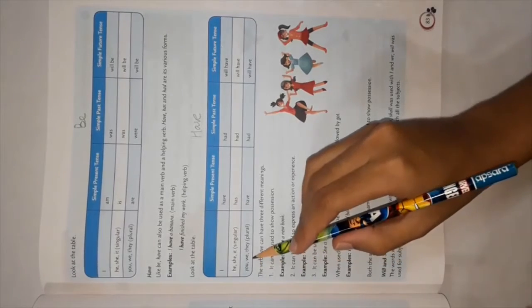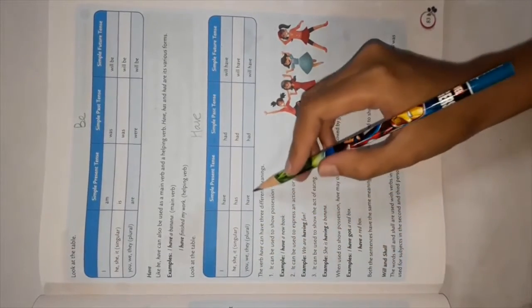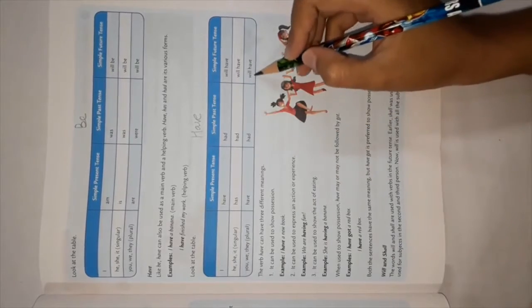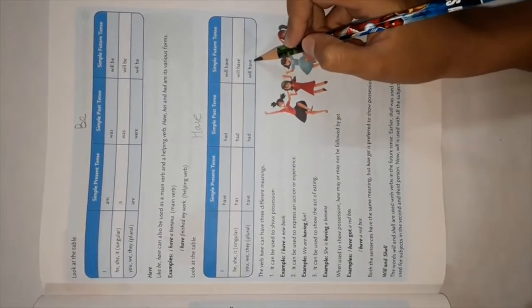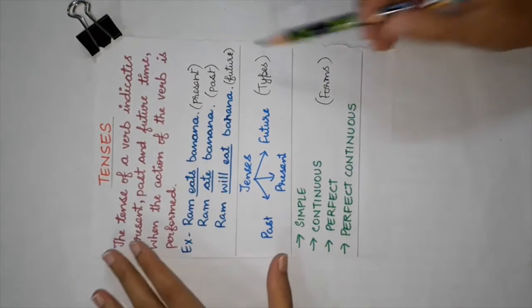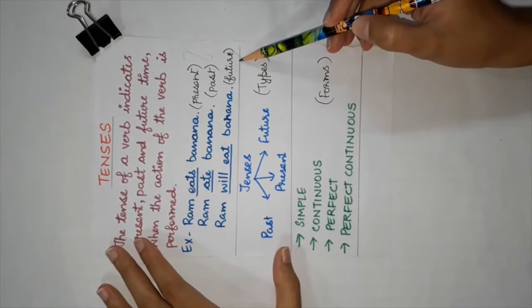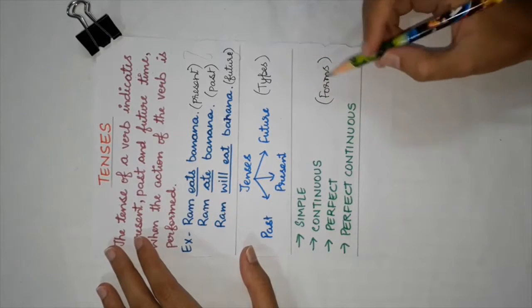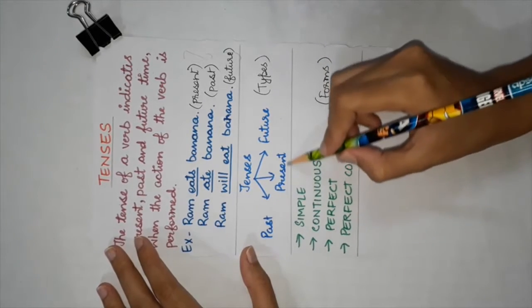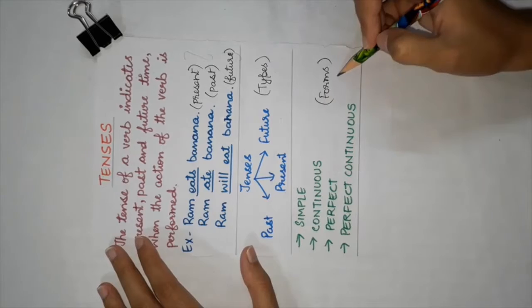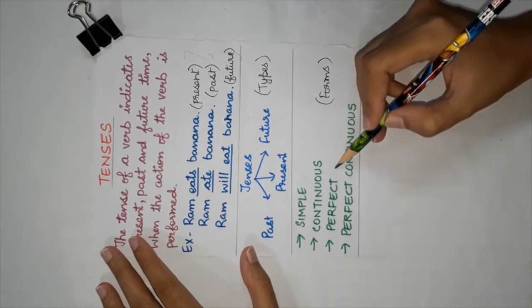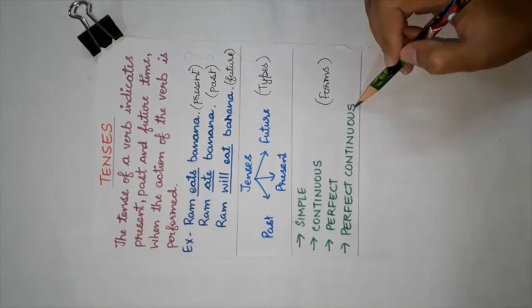With you, we, they plural form we use have in present tense, had in past tense, and will have in future tense. Now we have discussed all these three, and now we are going to discuss the forms of present tense. These are the four forms, as I told you before: simple, continuous, perfect, and perfect continuous.